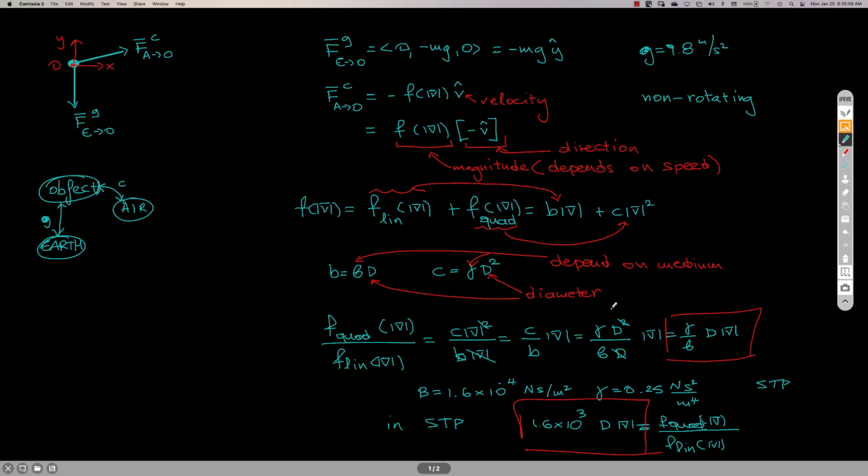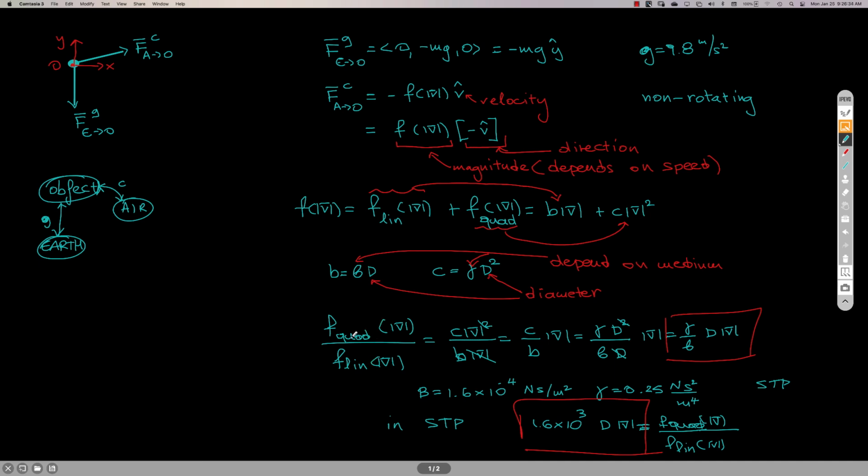For example, let's say that you find that the ratio is like 100. What this practically means is that the quadratic term is 100 times greater than your linear term. In that case, I would get rid of the linear term when you do your theoretical calculations. Or imagine that you find that your ratio is 0.01, 1 over 100. What that's telling you is that the linear term is the one that is dominant in this case.